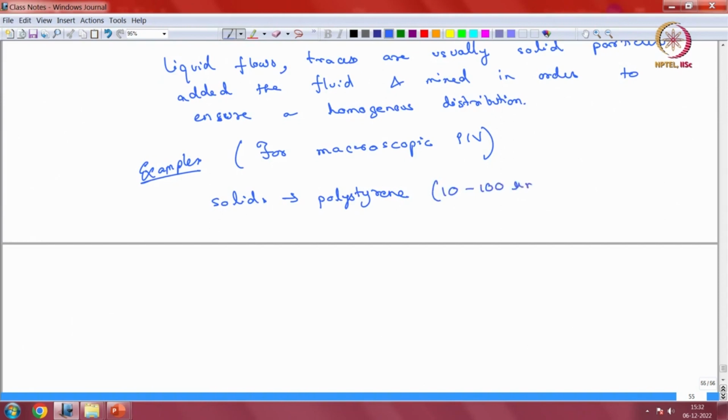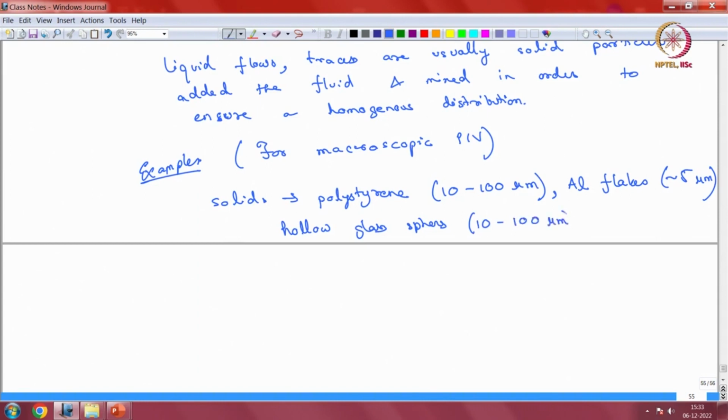Obviously the size is dependent on the type of flow and your particular case. Aluminum flakes are also used, sometimes around 5 microns. Bigger aluminum flakes can sediment, which is why it can be a problem. Hollow glass spheres. By the way, these numbers in the brackets are just indicative. So this is usually what is done.